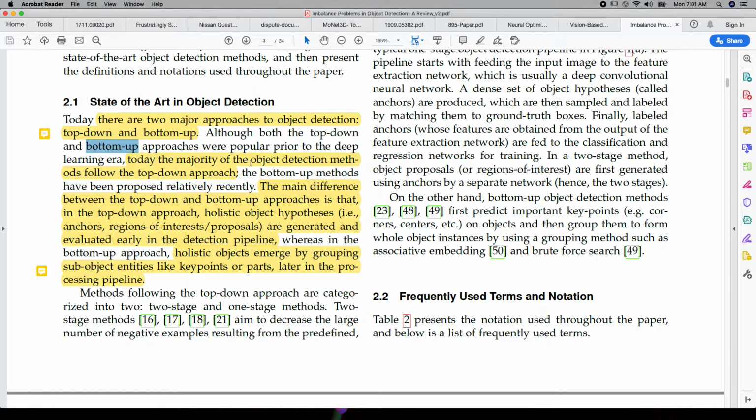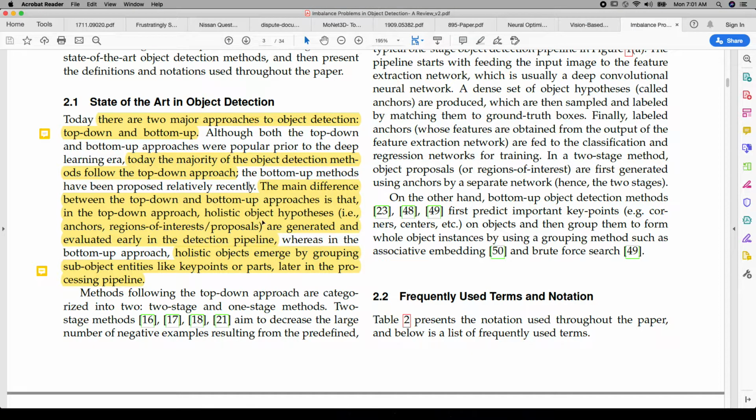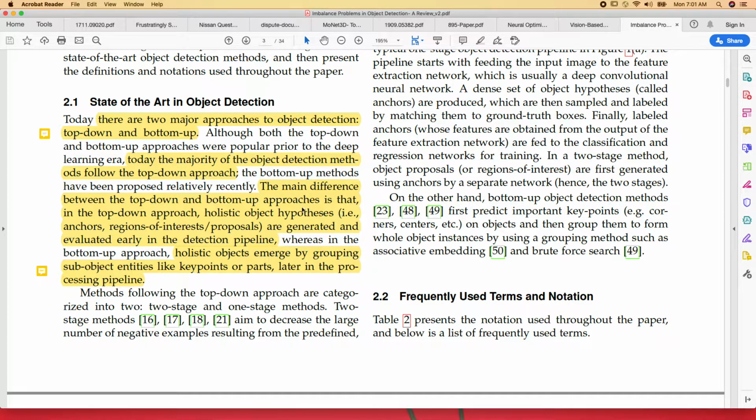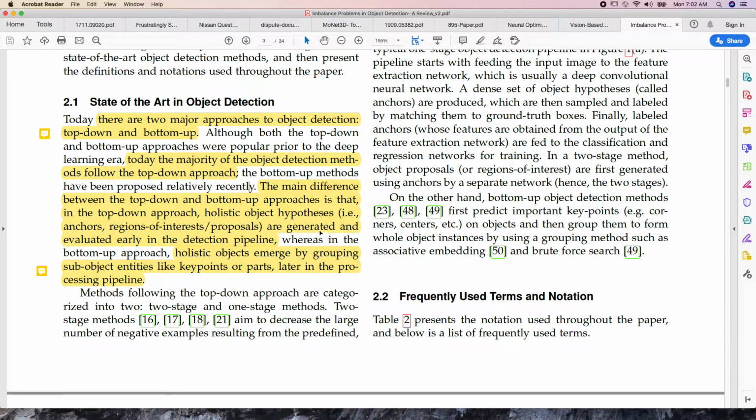The top-down approach is what we have. In the top-down approach, holistic object hypotheses, that is the anchors, which are essentially the bounding boxes, the regions of interest, where exactly the spatial position in your image contains your object of interest, also referred to as proposals, are generated.